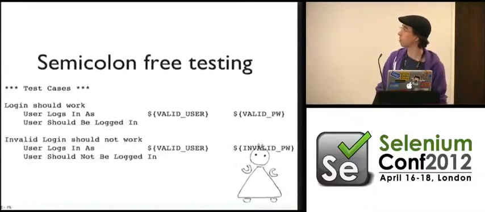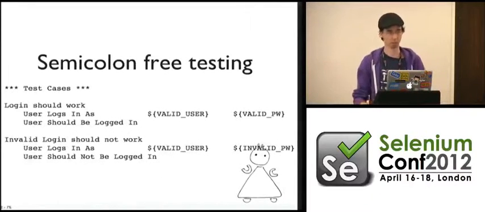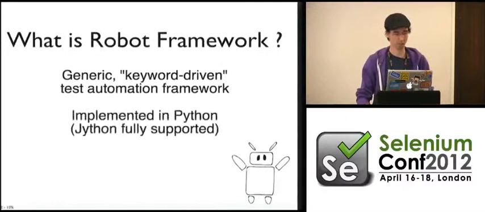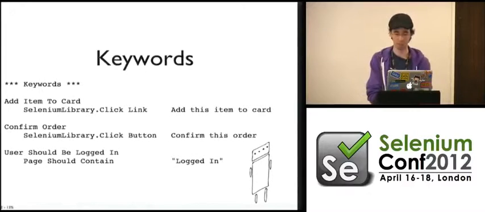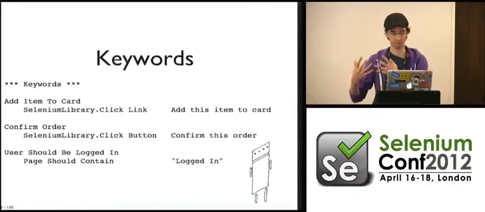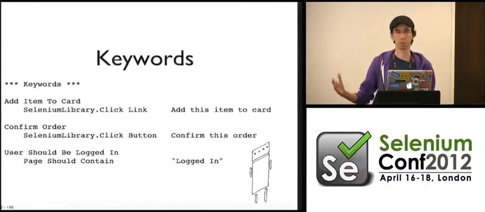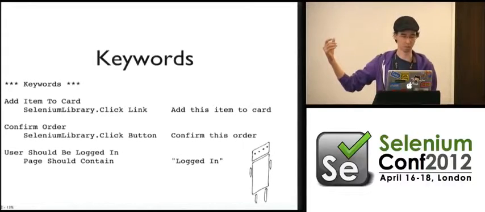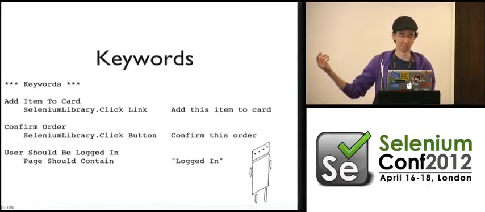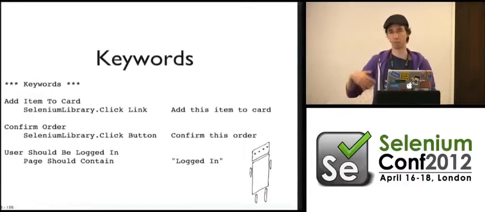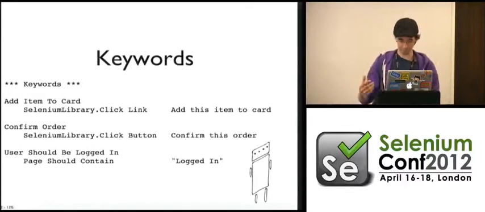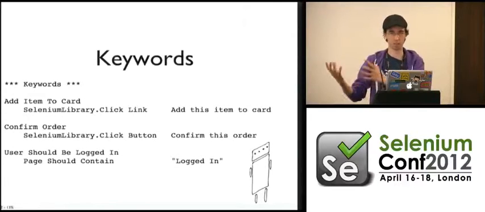Two slides before, I showed you the test cases that are really simple, text-based, and here are keywords that I can use to abstract away how things work. Here, for example, are three step definitions that I can use to add an item to a cart and to confirm an order, and those call the Selenium library underneath, so that from my test case I don't have to know whether that is happening in a browser.